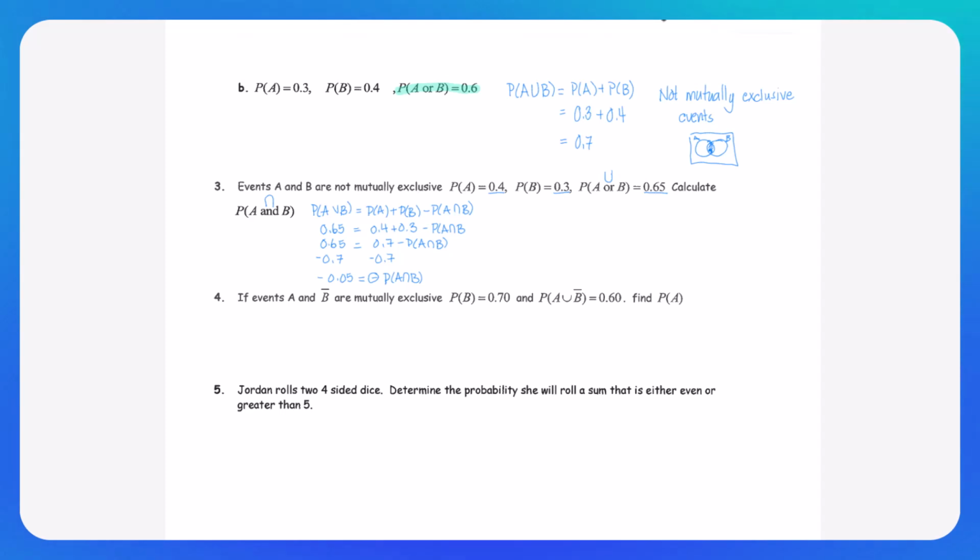It's like, oh, okay, I have a negative on both sides. Well, this is really the same as having a negative 1. We can multiply both sides by negative 1, and that would just cancel those negatives right there, so that the probability of A and B equals 0.05.